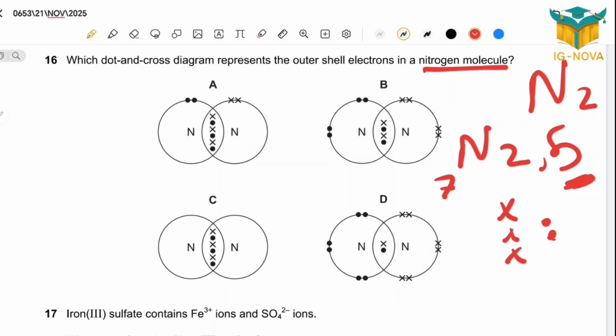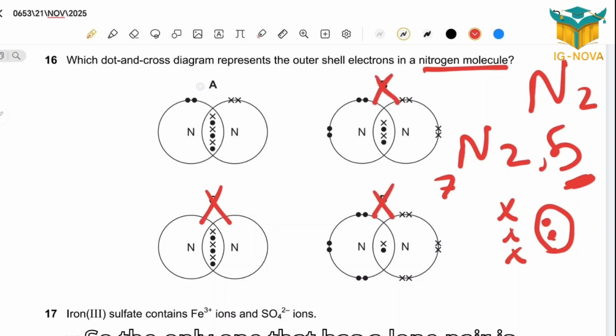Check your options for the lone pair first. C doesn't have any lone pair. D has 3 lone pairs. B has 2 lone pairs. So the only one that has one lone pair is A. This is called eye-catching, and I can confirm my answer later on. I have to share 3 electrons. Here you are. So the correct answer is A.